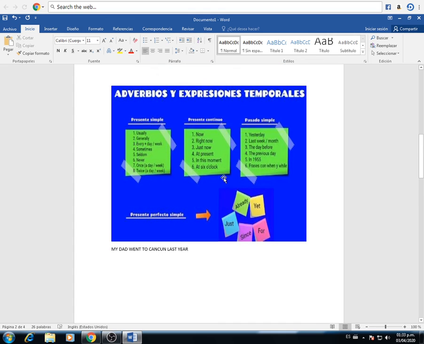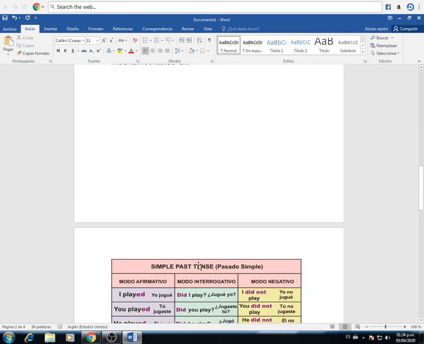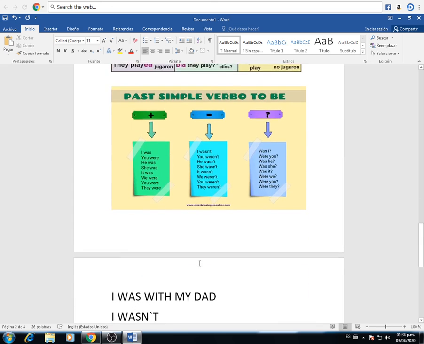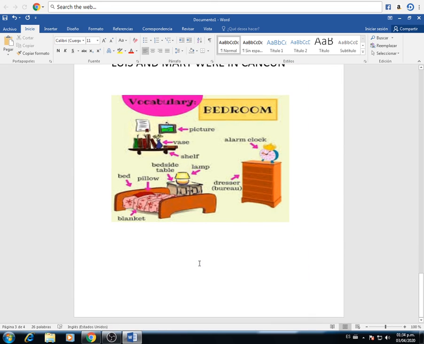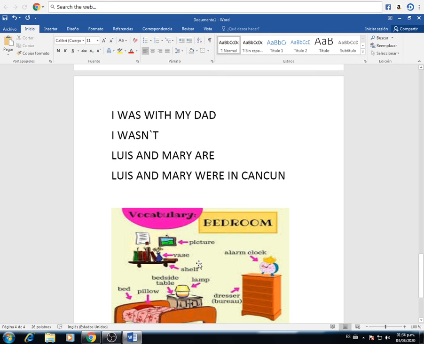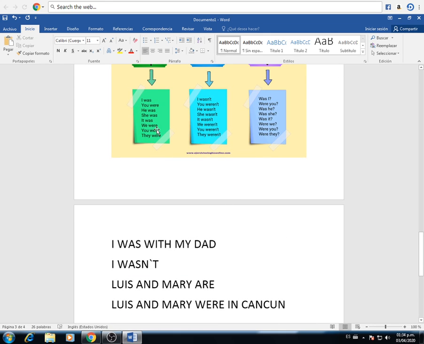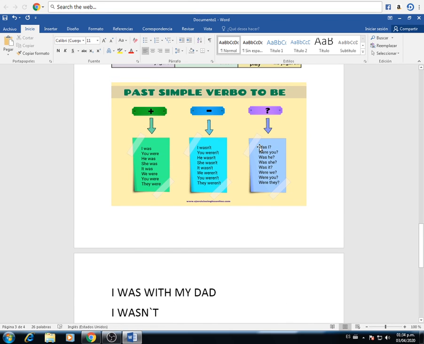Okay. Now, these expressions are important to look at. This is the simple past, in affirmative, negative, interrogative, in the case of auxiliary be.